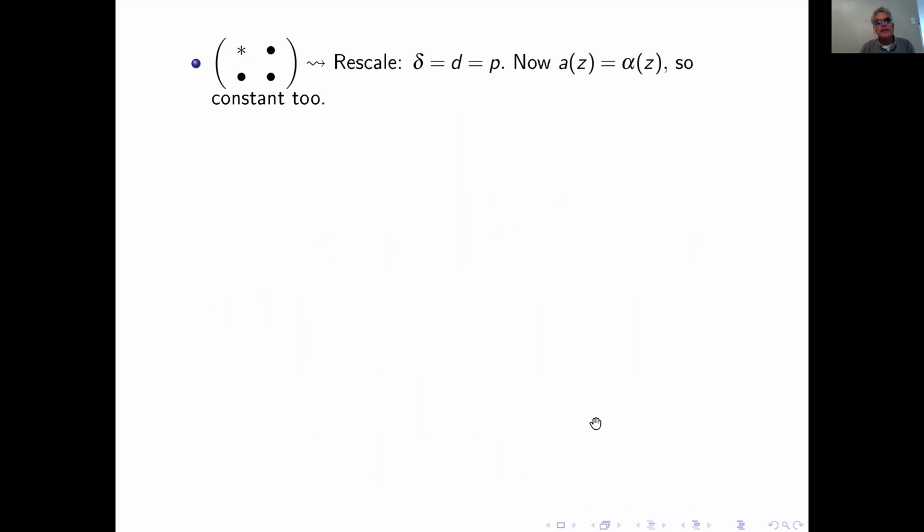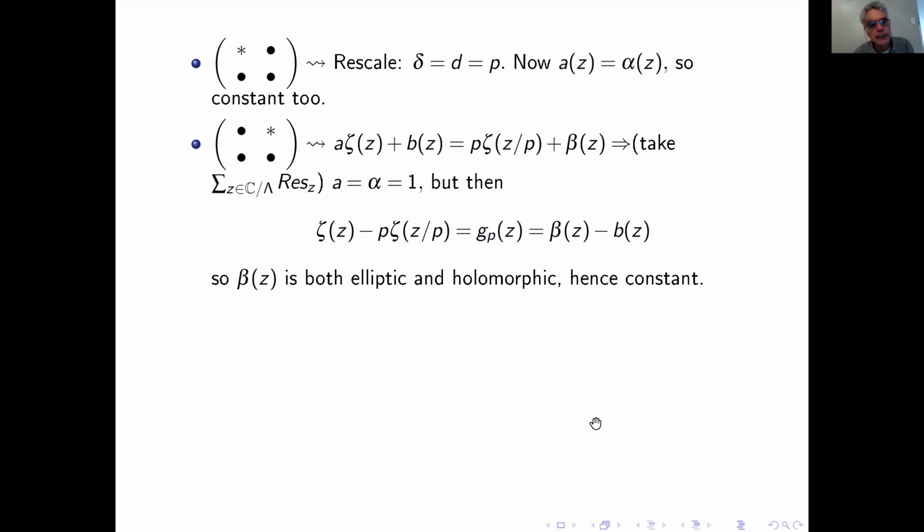And now you move to the upper left corner, and you can rescale by an easy argument and assume that delta equals D is P, and you get that A is alpha, so it's again constant. And finally, you look at the right upper corner and you get the equation.